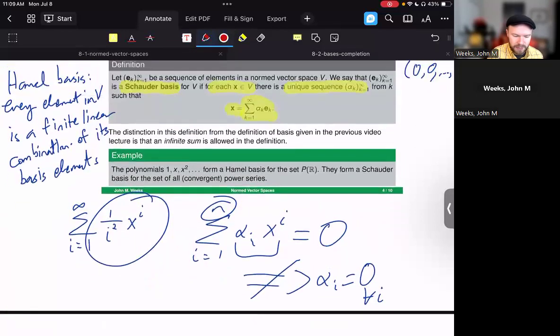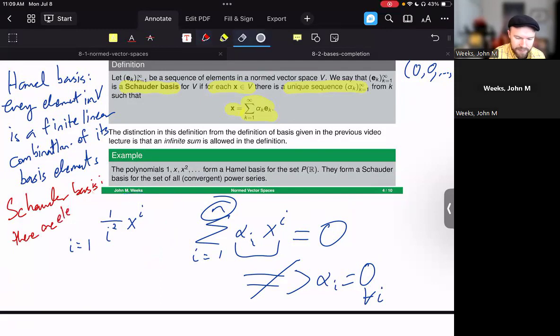So a Schauder basis would mean there are elements in V that are infinite linear combinations.